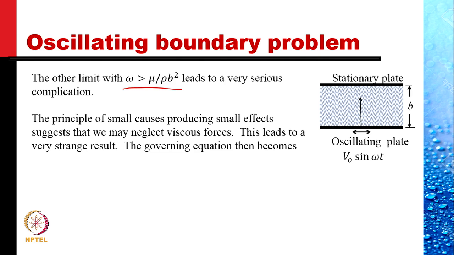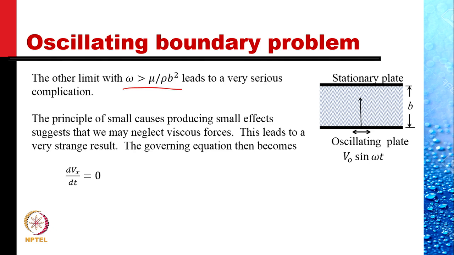If we neglect the viscous forces, that is the right-hand side of our equation, the governing equation then becomes dvx by dt is equal to 0. This is a first order equation, so it admits only one boundary condition.